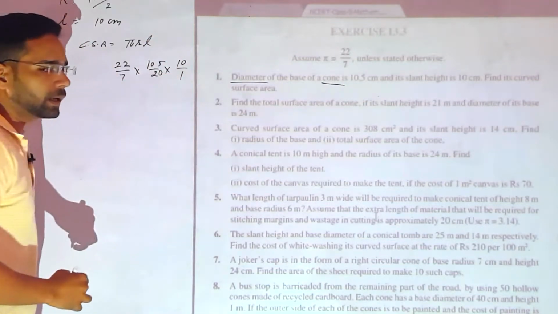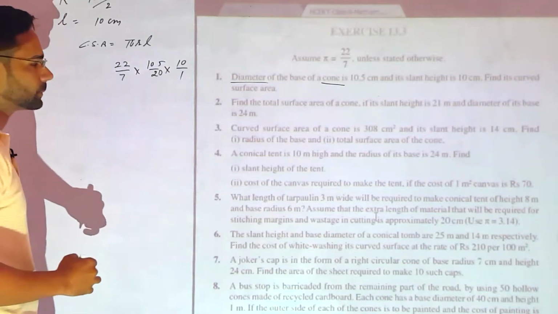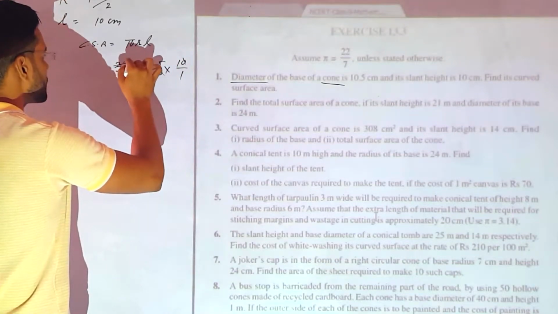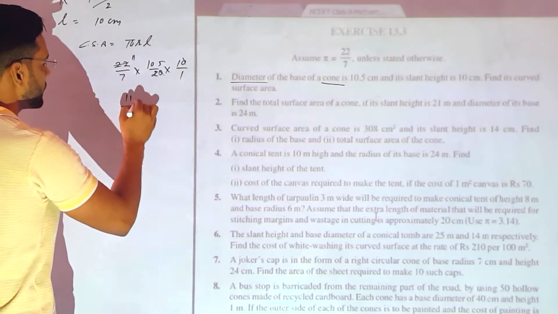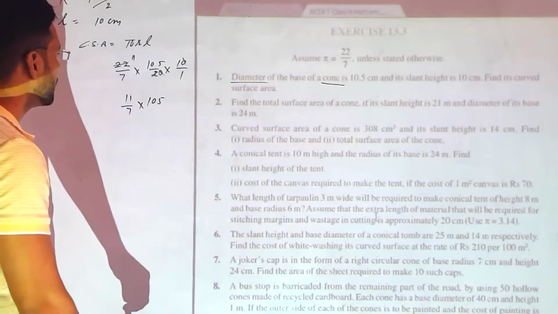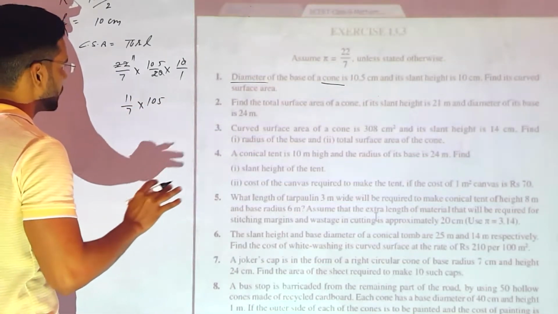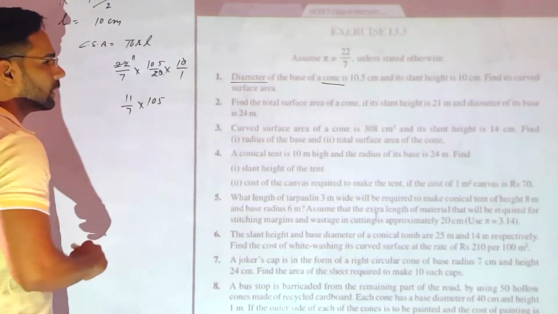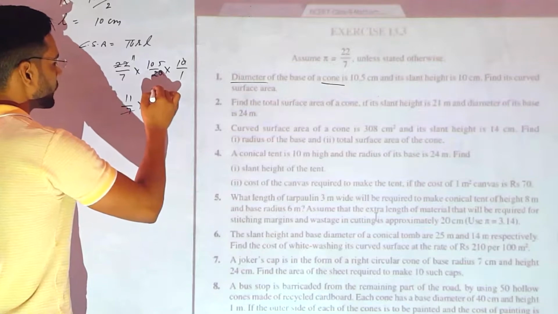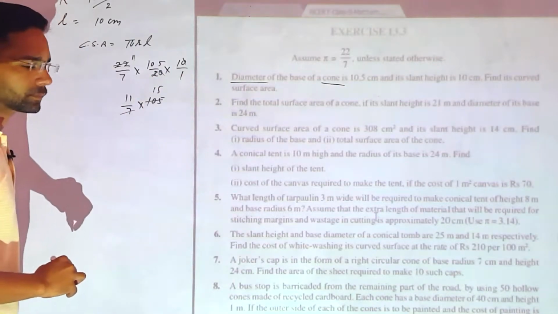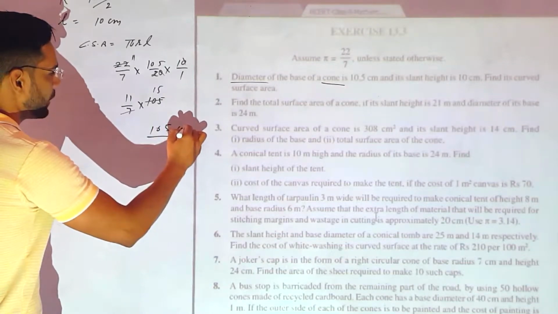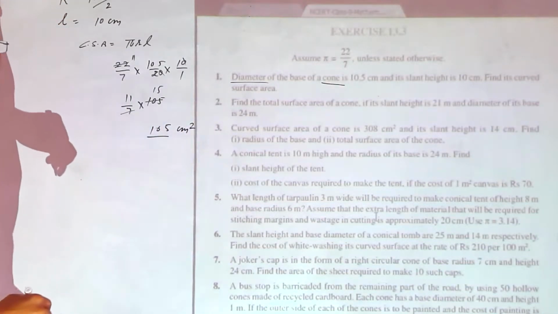Remove the decimal, then cancel out. 11 upon 7 is equals to 105. Now cut 105 from the 7, 15 times. Now 15 into 11, 165 centimeter square answer.